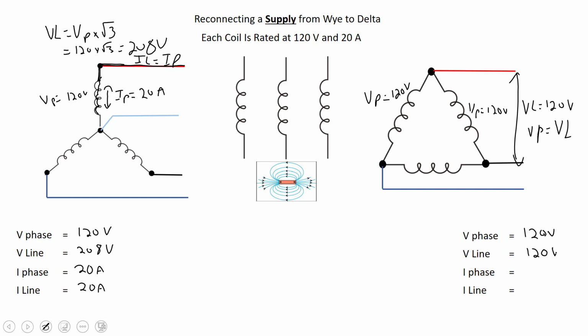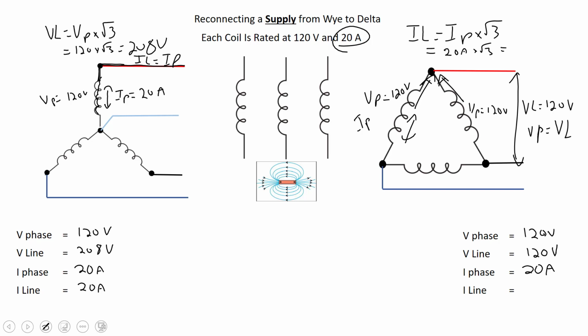The current in the phase is also given. The maximum current that can go through here is 20 amps. We know that the line current is a contribution of 2 of the phases, and therefore, for balanced circuits, we have this formula, and we can use it for this application as well: I phase times root 3. So 20 amps times the square root of 3 comes to approximately 34.6 amps.